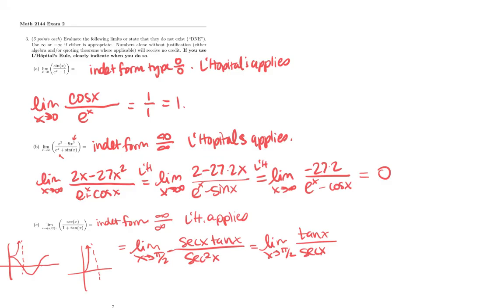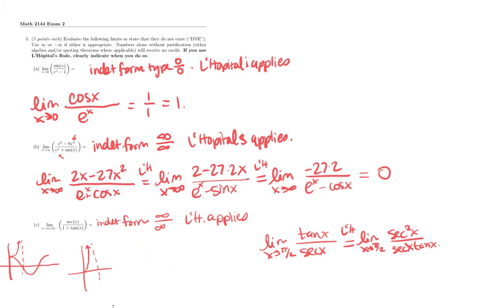And so then I still have the same issue, so I can apply L'Hopital's again. This is the limit as x goes to pi over 2 of secant squared x over secant x tangent x. And we seem to be stuck in a loop here, so maybe this is not the right approach.